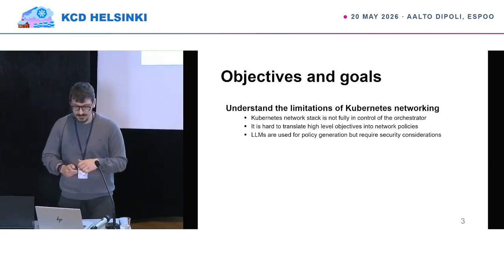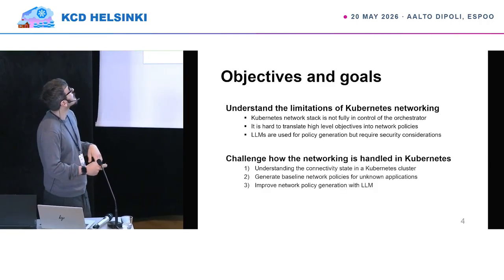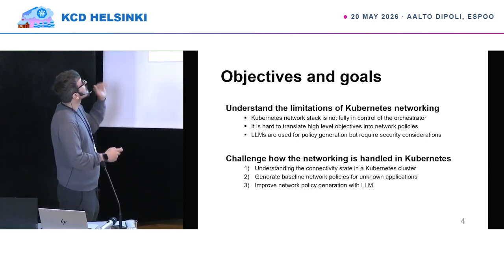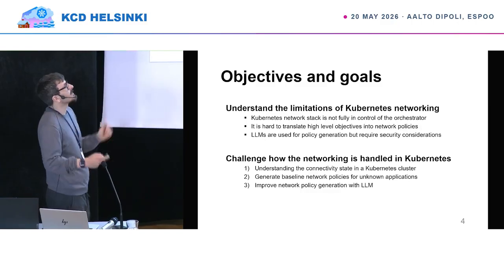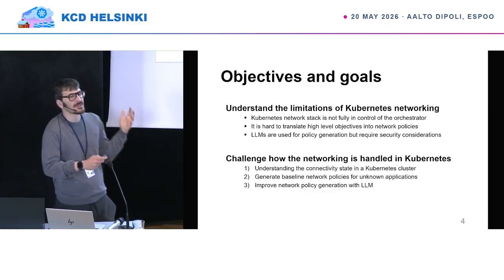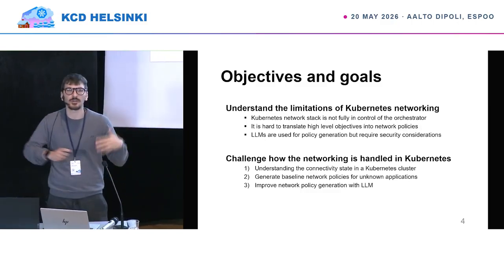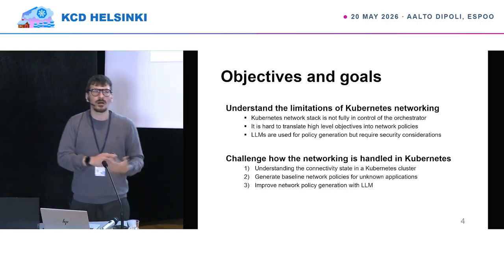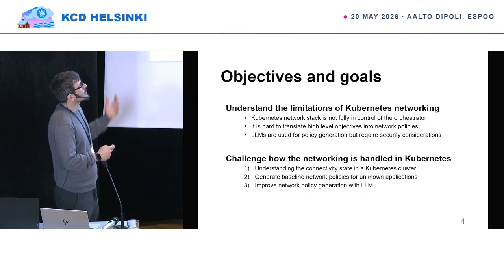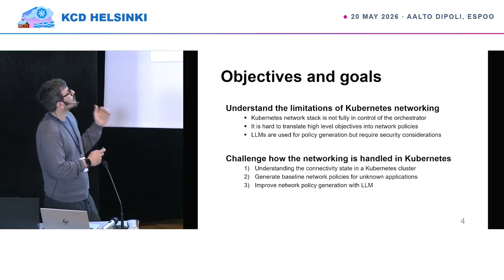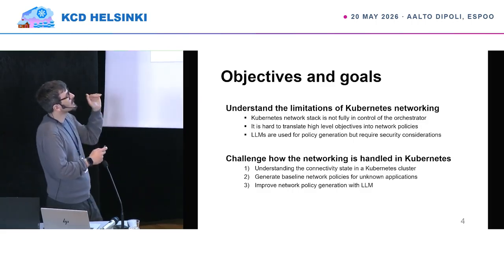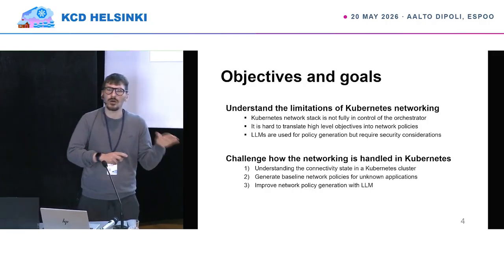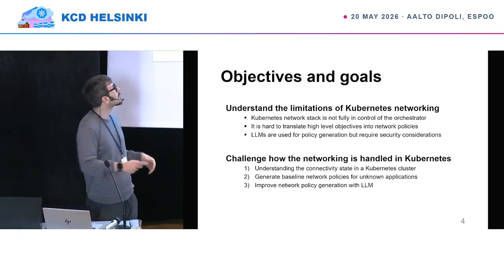what are those limitations. And to do that, we're gonna have three goals. The first main goal is that we want to challenge how networking is handled. And we wanna engage with the community to see if there is room for cooperation and so on. And to do that, we have three sub-goals. First, we want to understand how the connectivity flows in a Kubernetes cluster, so how connections go from one place to another.